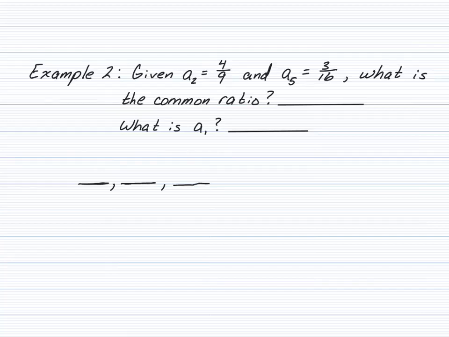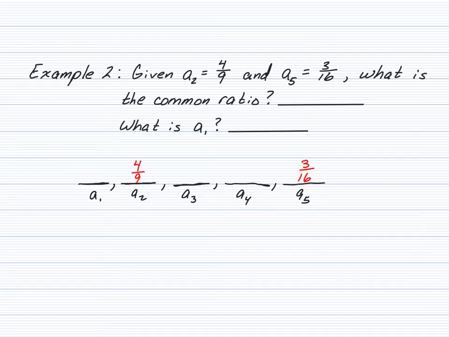We have a total of 5 terms here. We have a sub 1, a sub 2, a sub 3, fourth, and fifth term. And we know that the fifth term is 3/16, and we know the second term is 4/9.